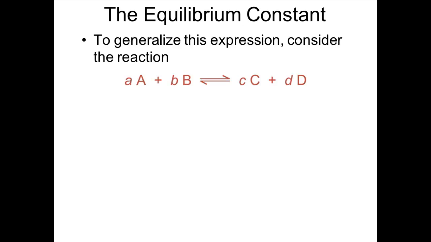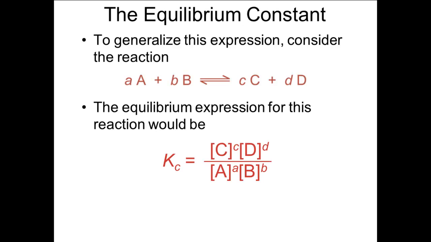So for this general equation, a molecules of A plus b molecules of B in equilibrium with c molecules of C plus d molecules of D, the equilibrium expression would be K sub C for concentration, or K sub EQ, or just K, equals the concentration of C to the c power times the concentration of D to the d power, divided by the product of the concentration of A raised to the a power and the concentration of B raised to the b power. You should note two things about this expression.